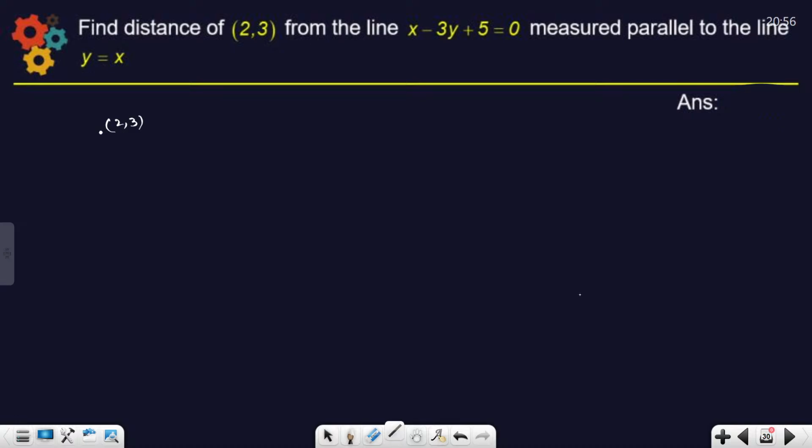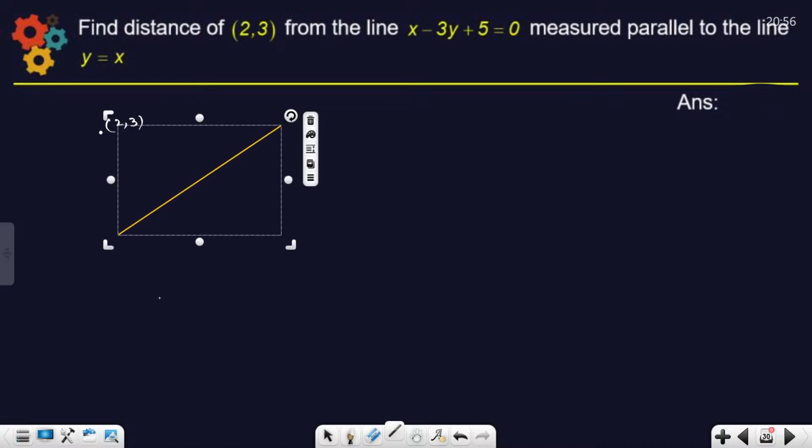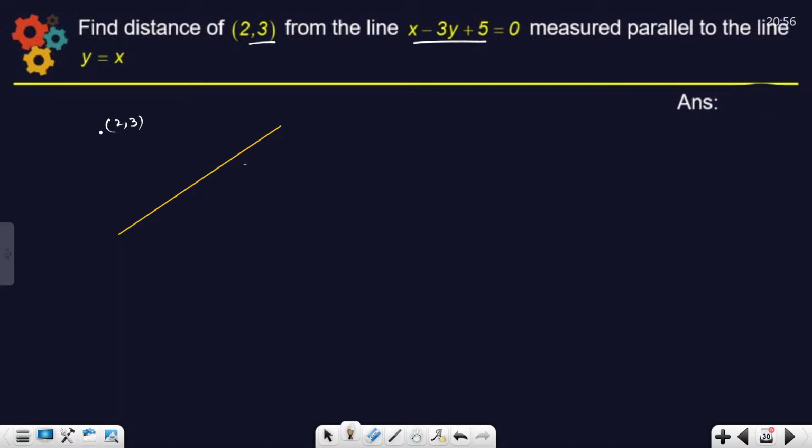What is that line? The line is somewhere here. And let us say y equals x is another line. We will draw it later on. So what they have said is, find the distance of the point 2, 3 from the line this. This is my line, x minus 3y plus 5 equals to 0.